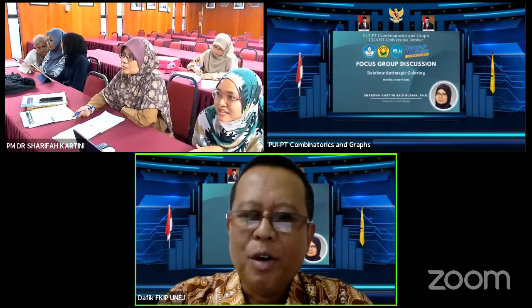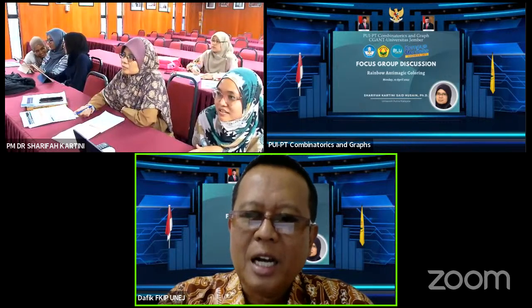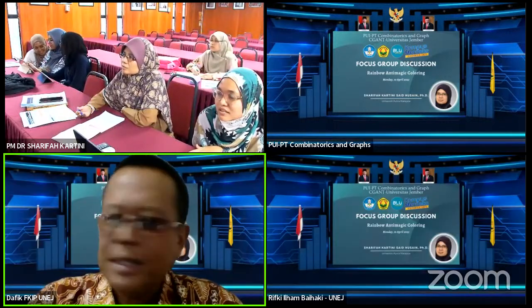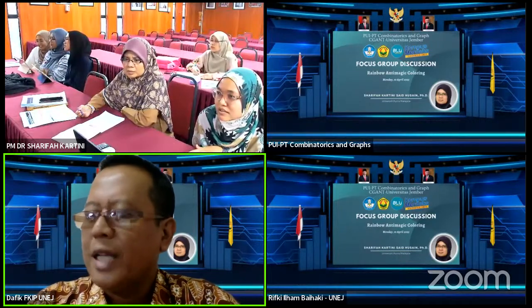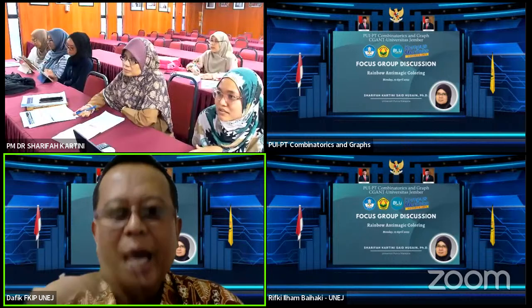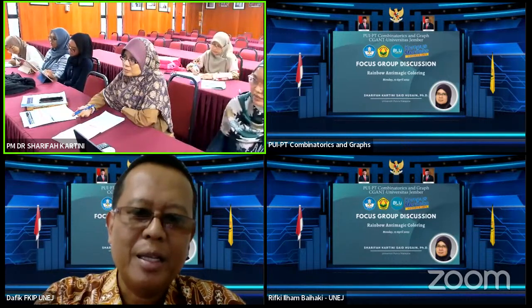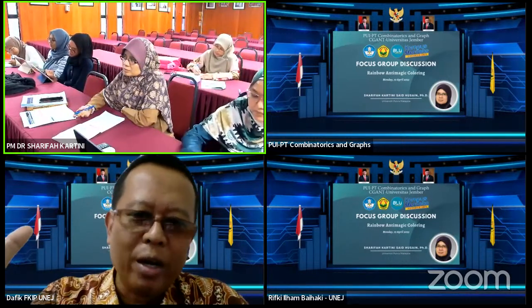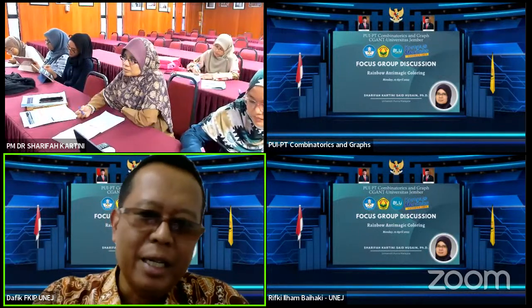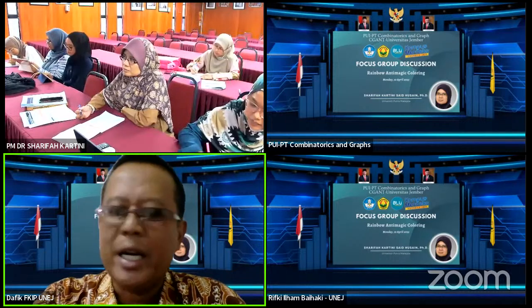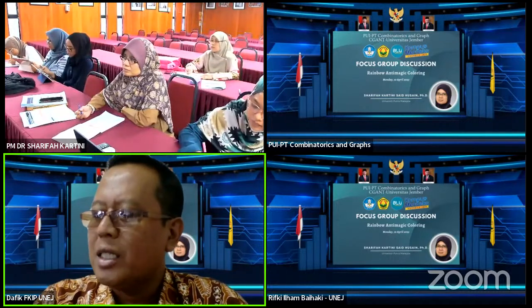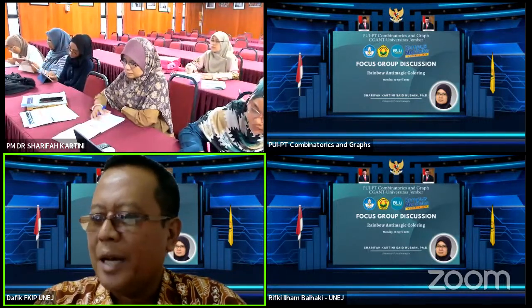So for any tree, we have n minus 1 colors. If the order is n, then the number of colors of the rainbow anti-magic coloring is n minus 1. Understand?